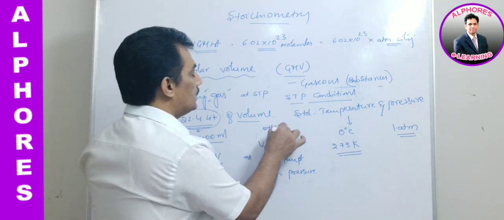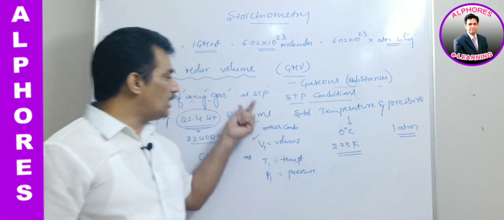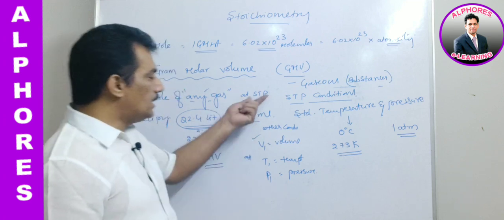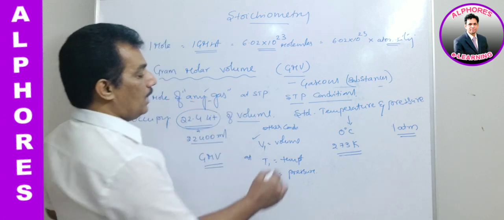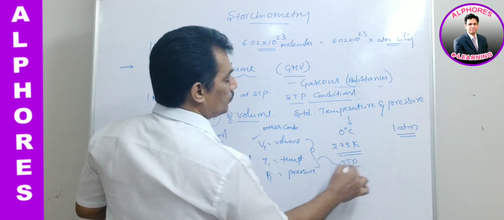If they are giving the volume at other conditions, this volume should not be considered directly for gram molar volume. You have to relate that volume with mole. You have to convert this into STP volume.